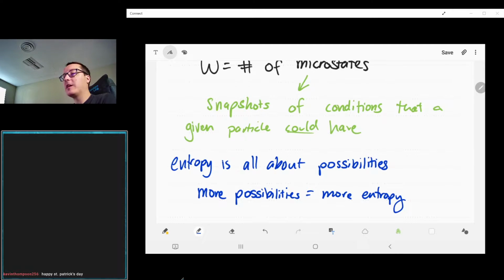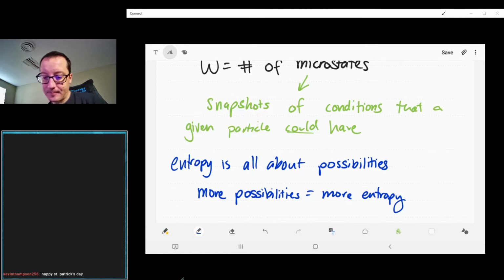And if we think about it, we have this basic idea that entropy is just chaos or disorder. But it would be more accurate to say that it's all about just how many possibilities you have. And that is somewhat like randomness, right? We're going to see that there's going to be a lot of things we can do to increase the entropy of a system, to just give it more possibilities.